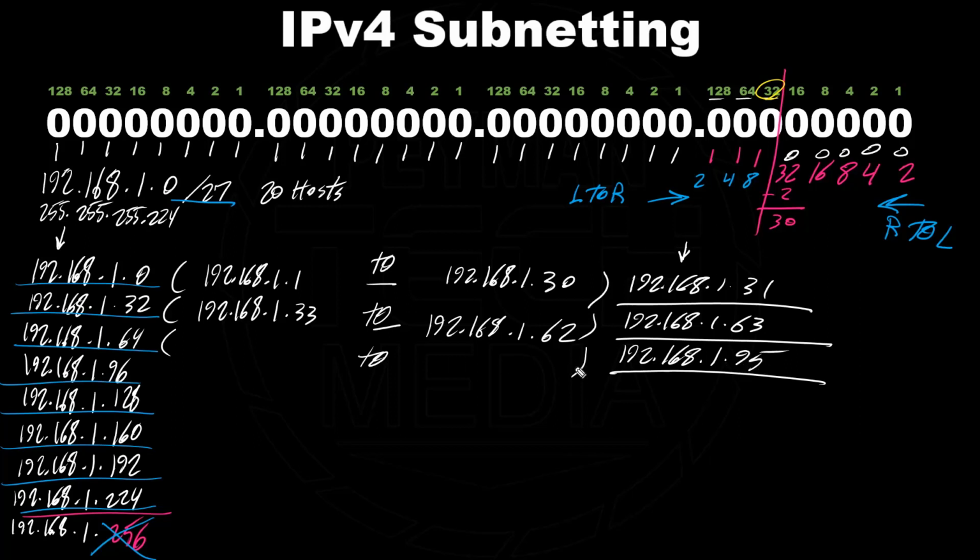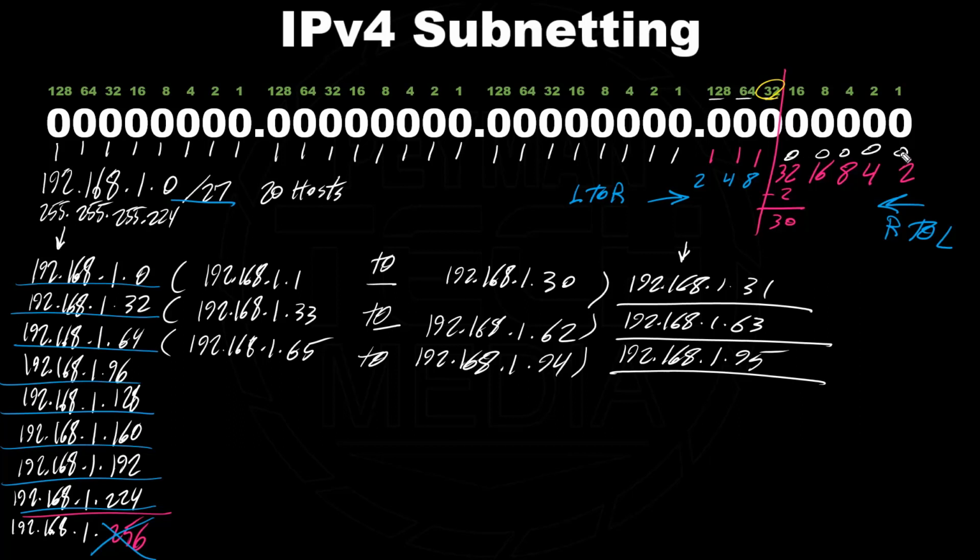And the available IP addresses in between. So the first available IP address is 192.168.1.65, and it goes to one less than the broadcast, 192.168.1.94. And again, 1.65 to 1.94, that's a total of 30 available IP addresses.